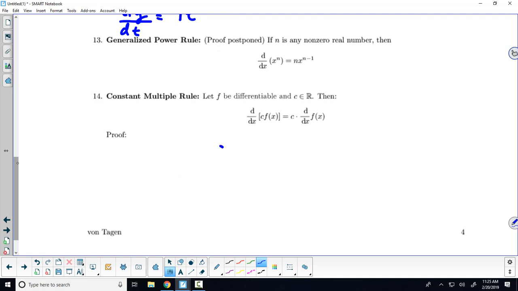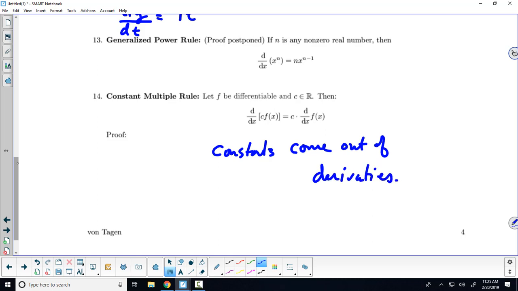But what do we remember? We remember constants come out of derivatives. Now be careful. What was the derivative of a constant? 0. This is the constant multiple rule. Let's be a little careful with that.